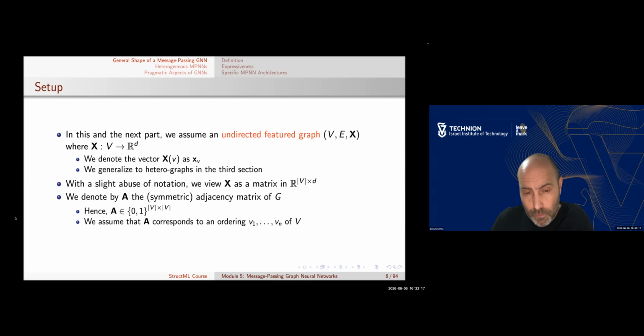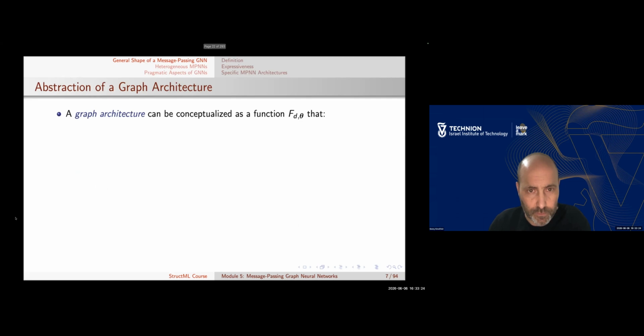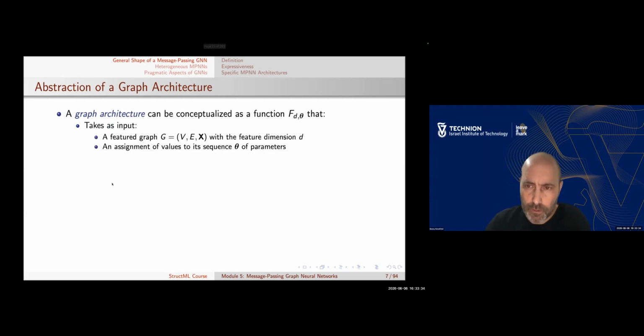Again, for both the adjacency matrix and X, we assume that there is some ordering V1 to Vn of V.